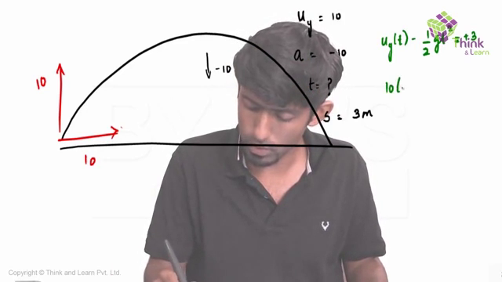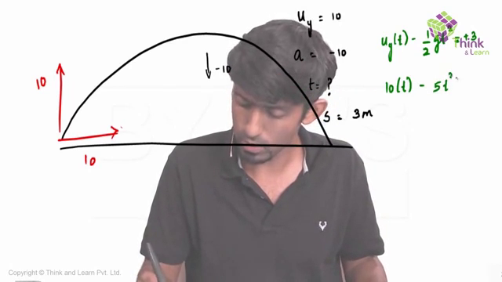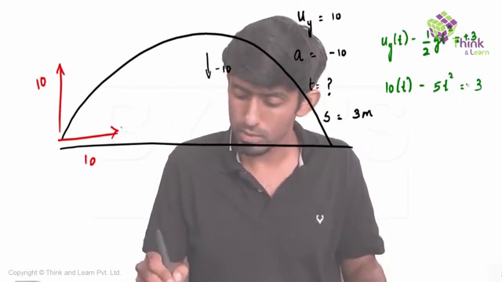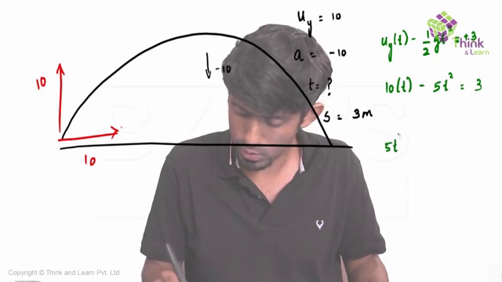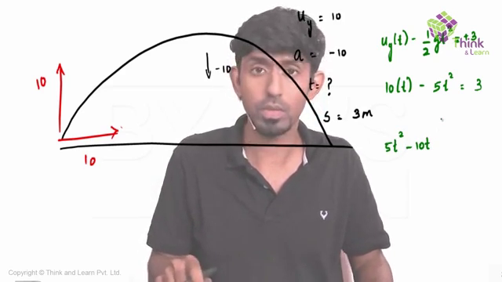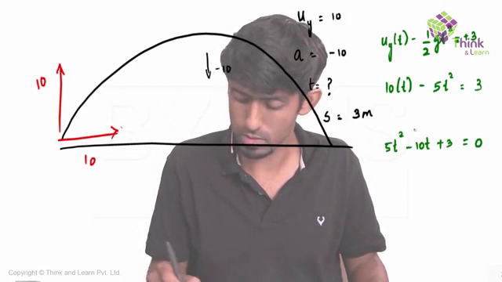So it'll be 10 into time minus 5, because g by 2 will be 5, t squared equals 3. Now if you simplify this, you get 5t squared minus 10t plus 3 equals 0.